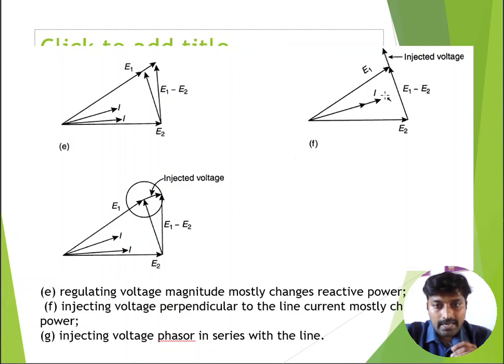And you see the next figure, we are injecting voltage in the same phase with the driving voltage, which does not change the phase angle. It can increase the magnitude of current.